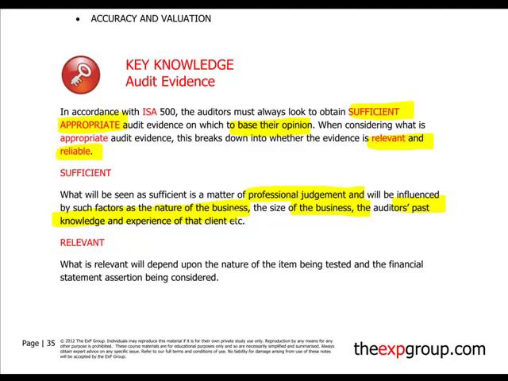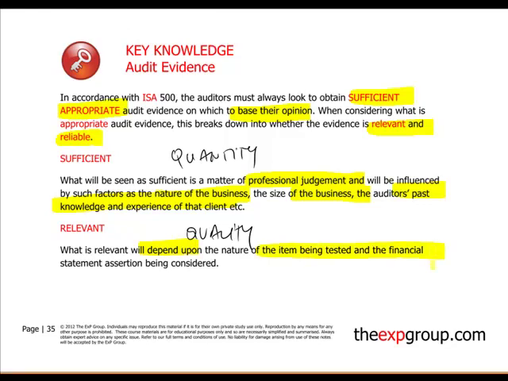Appropriate now relates to the quality of the audit evidence, right? If sufficient is dealing with the quantity, I would say, of the evidence, then appropriate, i.e. relevant and reliable, deals with the quality. So relevant depends on the nature of the item that is being tested and the assertion that's being considered.